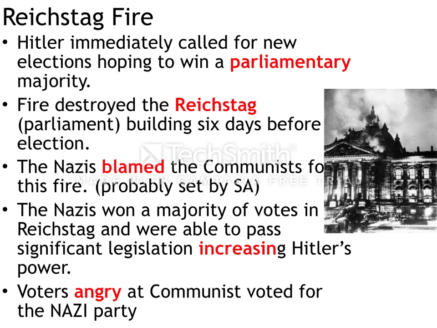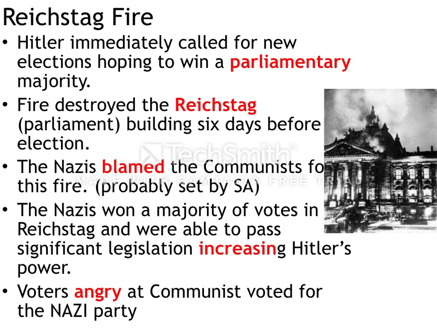Just prior to the elections, a fire destroys the Reichstag building, which is the Parliament building in Berlin. The Reichstag would be the equivalent of the American Capitol. The Nazis would blame the communists for the fire, although most historians believe it was probably set by Hitler's SS stormtroopers, or his brown shirts. The Nazis would use this propaganda to win a very slim majority in the Reichstag, which would increase Hitler's legislative power.